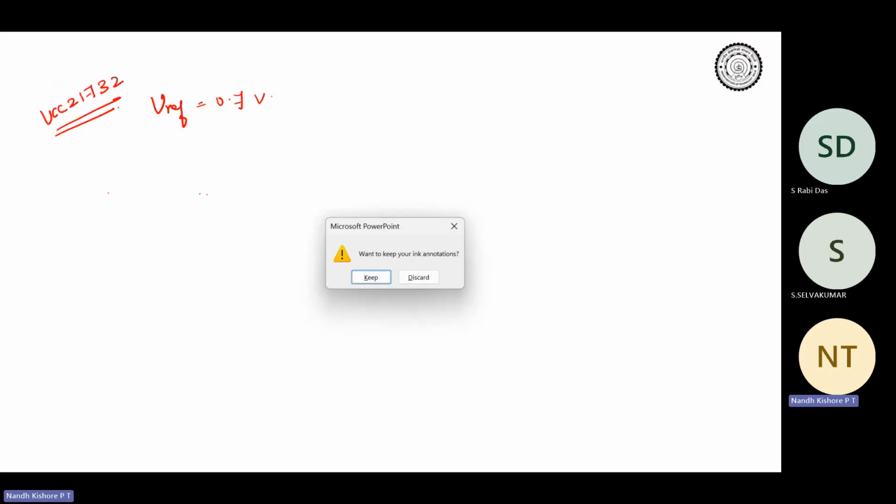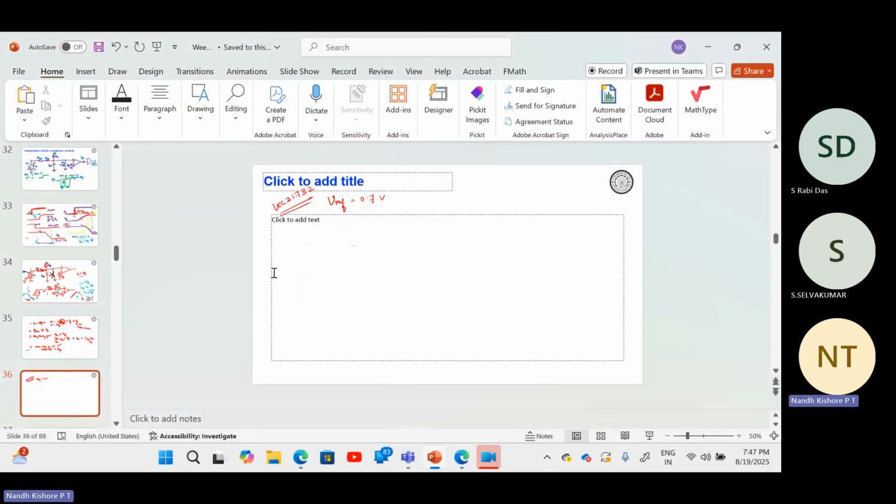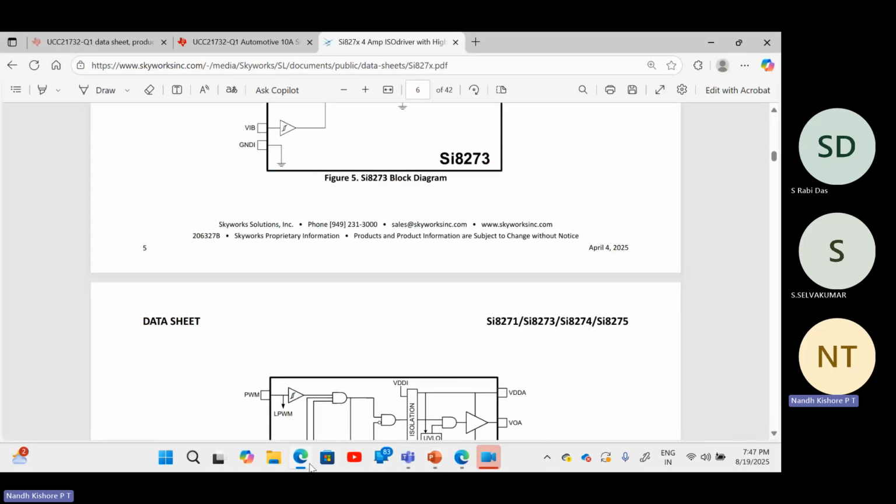From the UCC 21732 IC, we saw that Vref is 0.7 volts. Let us refer to that IC and find out what I charge is.